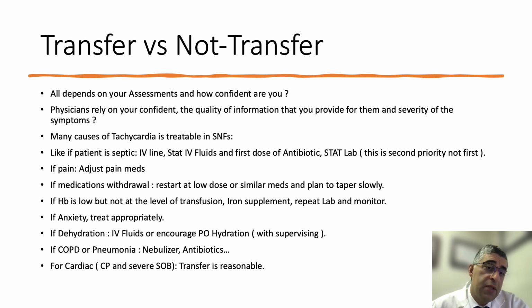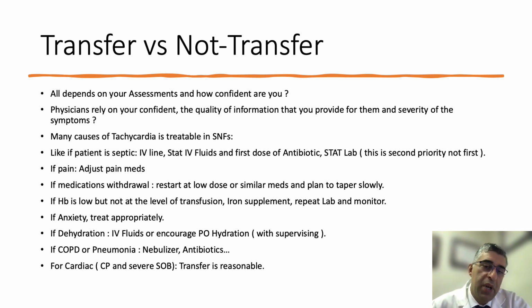If the hemoglobin is very low, but not at the level of transfusion, maybe we can just start iron supplements in the facility, and then we monitor the hemoglobin very appropriately. If it's anxiety, the doctor can help you with anxiety treatment. If there's dehydration, we can do oral hydration with very close monitoring, or we can do IV fluid.